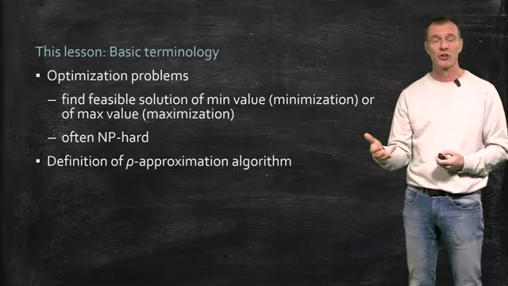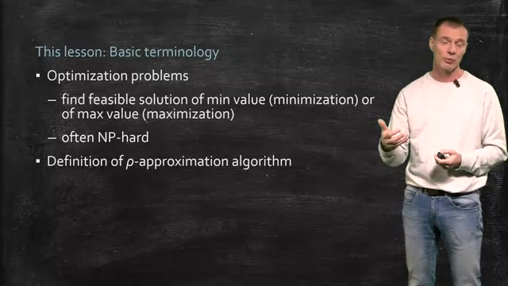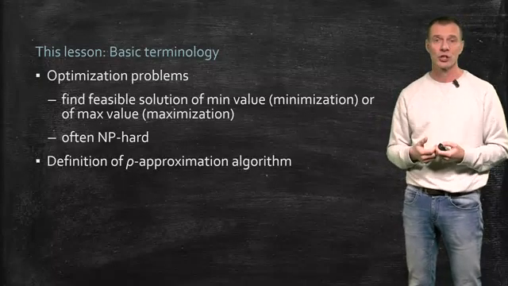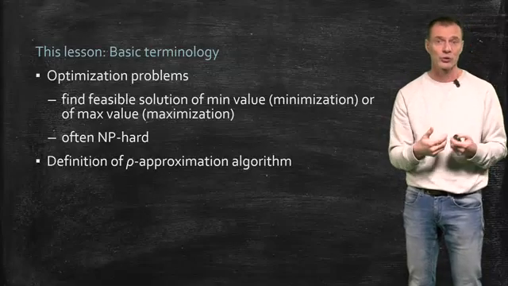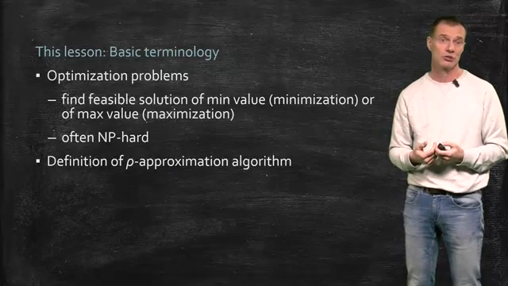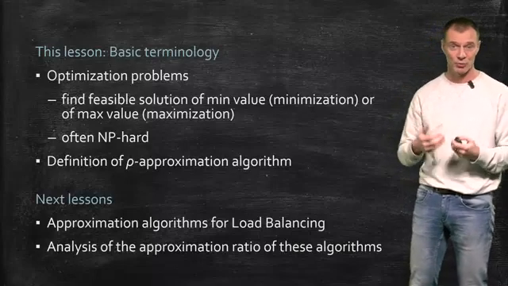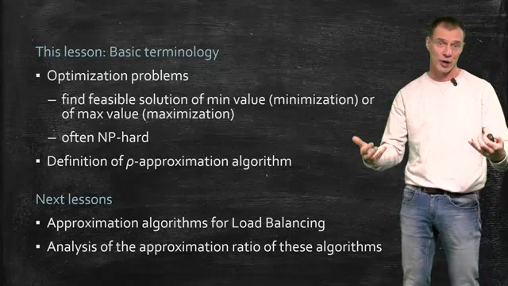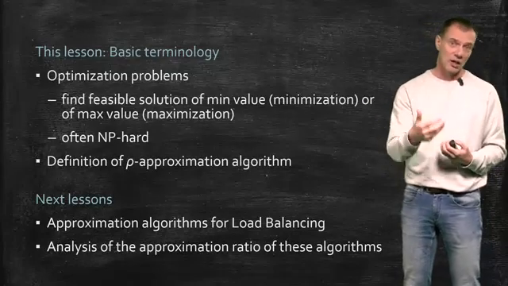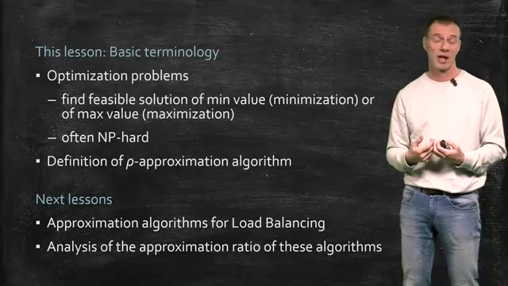And we've defined the concept of rho approximation, which formalizes how close to the optimal value the solution that our algorithm computes is guaranteed to be. In the next lessons, we're going to see some examples of approximation algorithms, and we're going to see how to analyze them, look at some special techniques that we can use to design them, and so on.